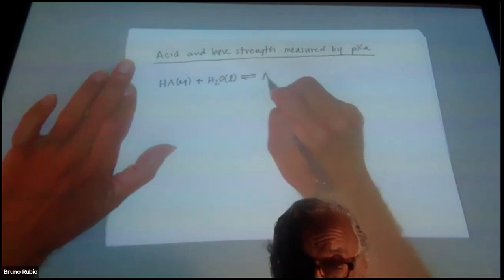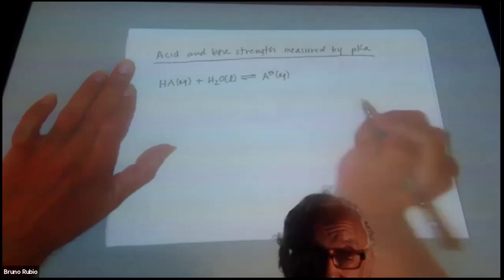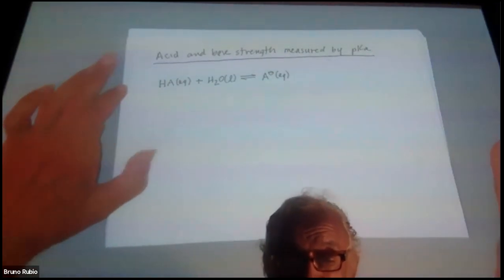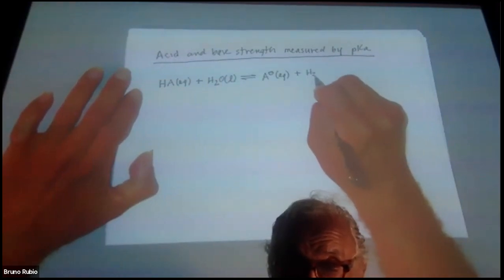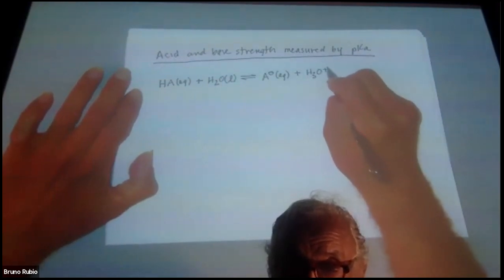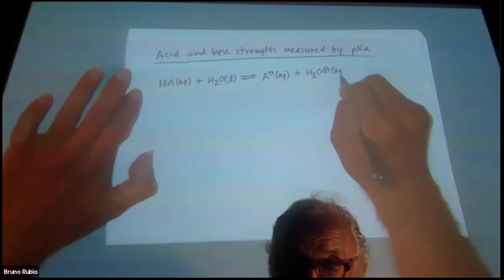So HA is converted to A minus in aqueous solution. It has served up a proton to water, which picked up the proton and was converted to the hydronium ion H3O plus in the process.